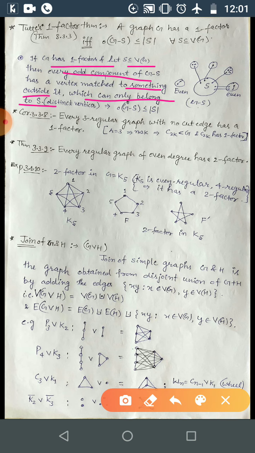The edges of a one factor form a perfect matching, correct. So the cardinality of S will be at least equal to the number of odd components.